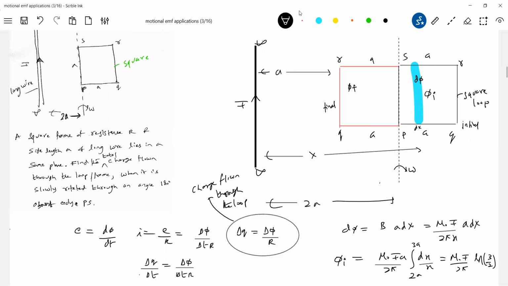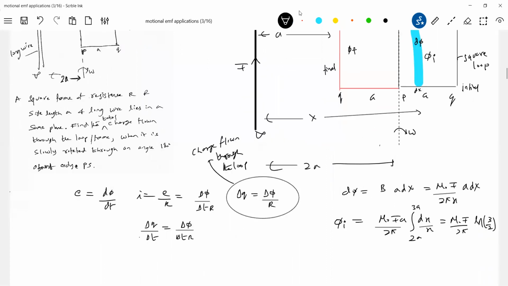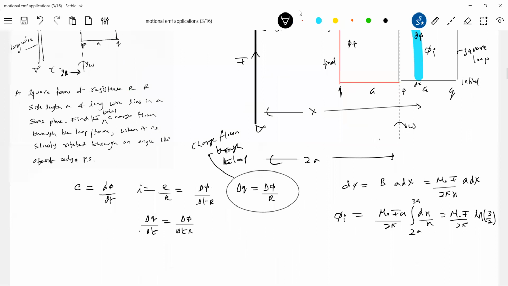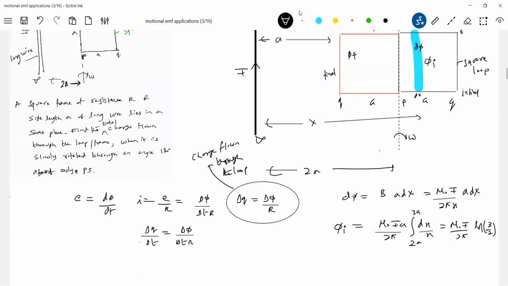Similarly, can we calculate the final flux? Now what should be the limit? Mu naught I A by 2 pi. The limit should be a to 2a. So the change in flux divided by the resistance will be the charge flown through the loop.